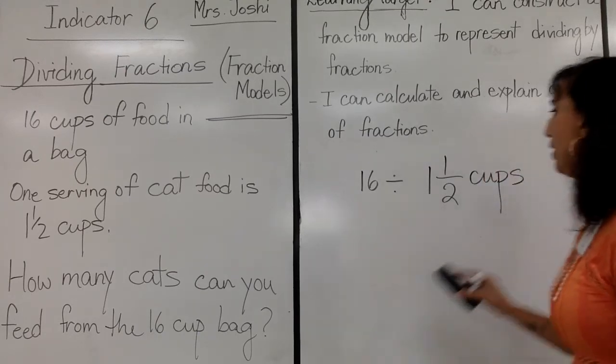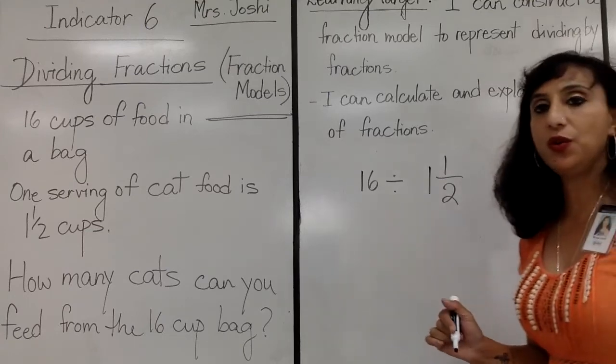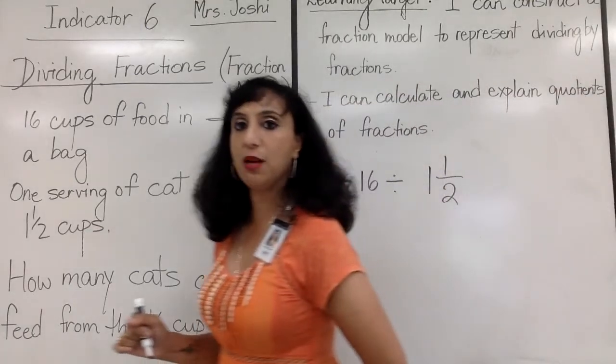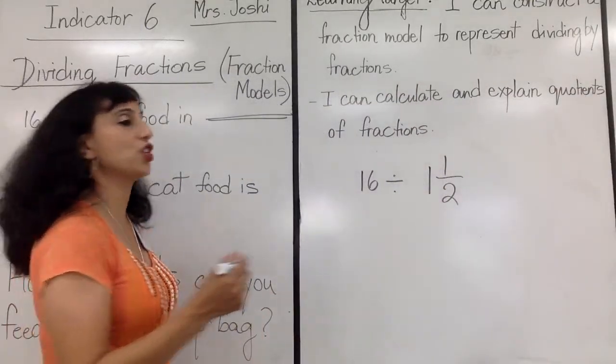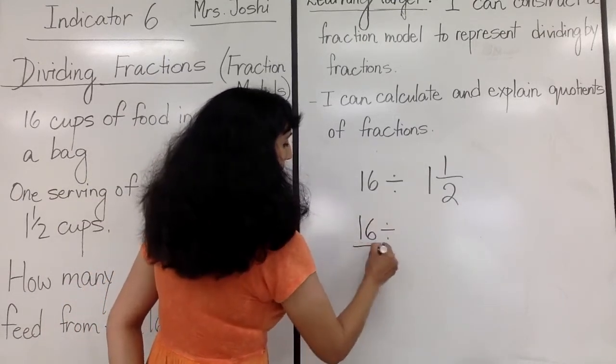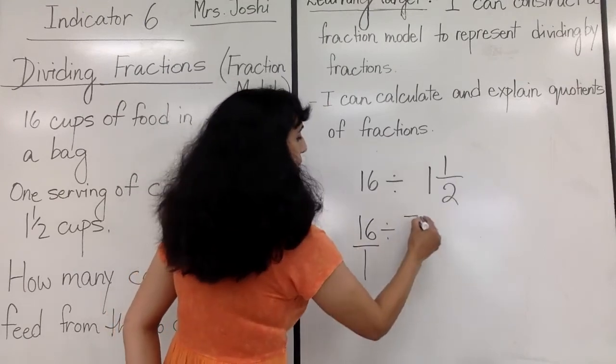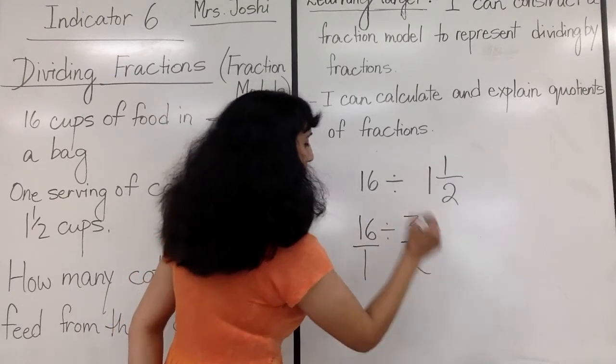Okay, so divided by 1 1/2. First thing, remember the first rule where we have to convert the mixed number to an improper fraction. So 16 divided by, and that means 16 over 1. 2 times 1 is 2 plus 1, which is 3 over 2.